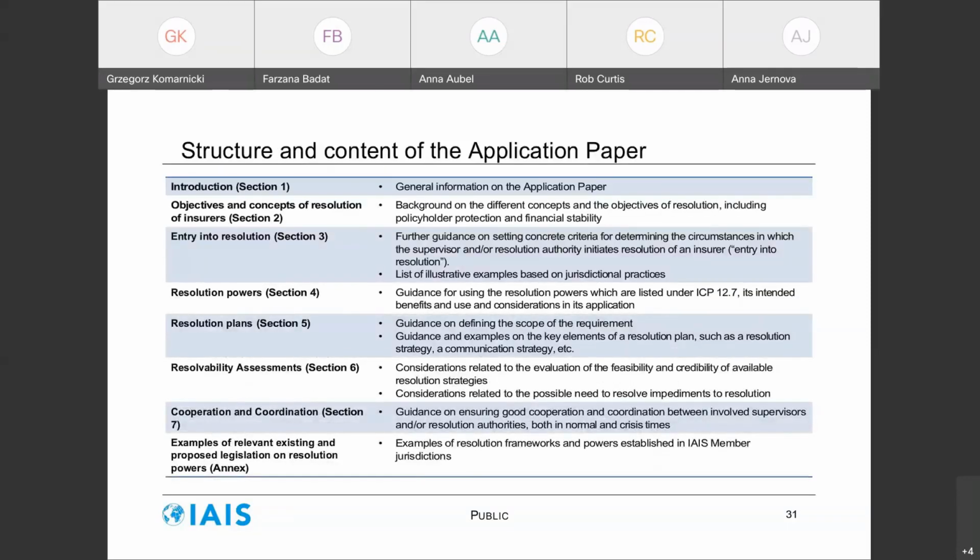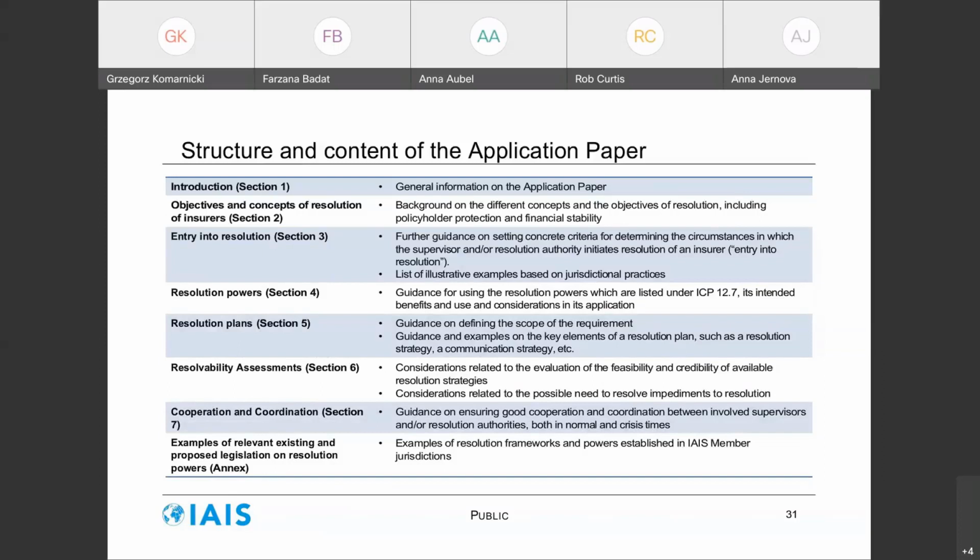Just a quick overview of the application paper and what it says and what it does. There's some general information that accompanies all application papers, which discusses things like proportionality and its applicability throughout the paper.